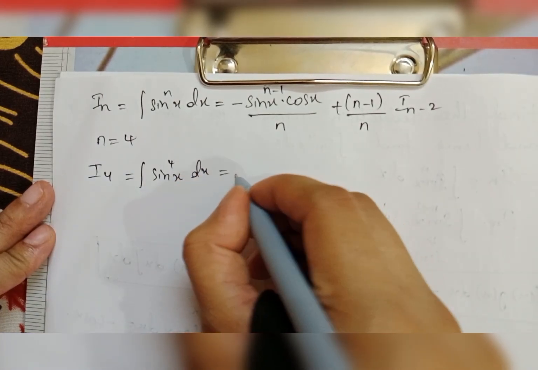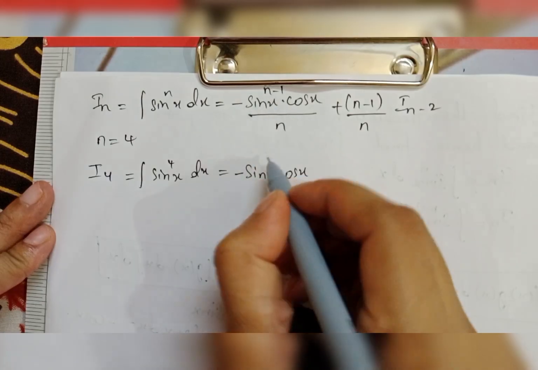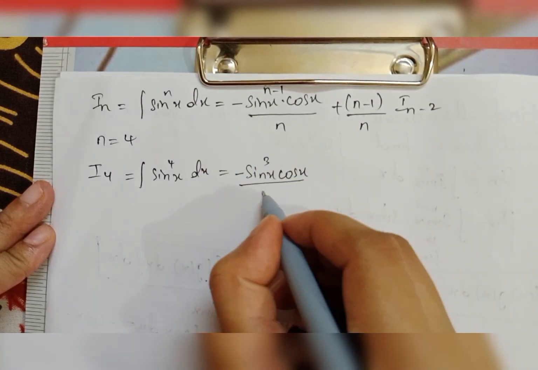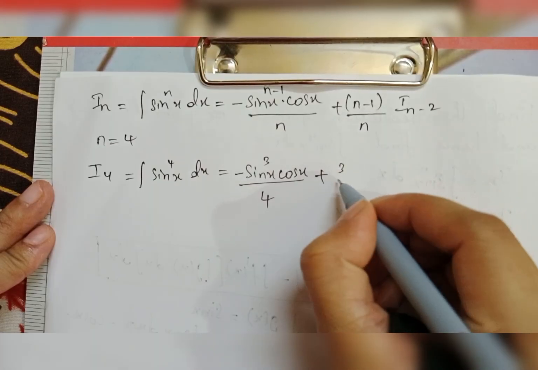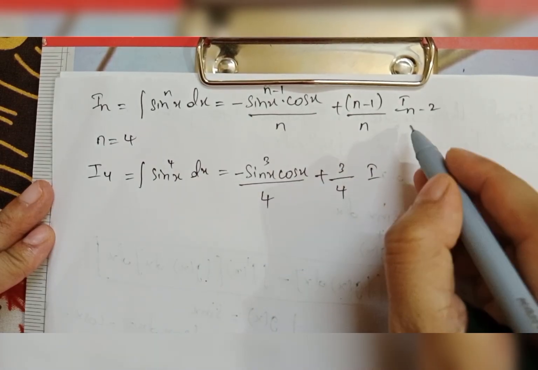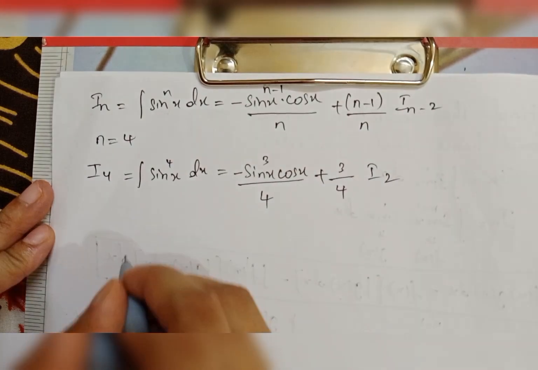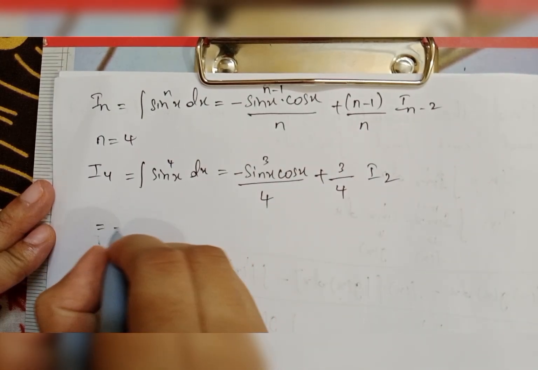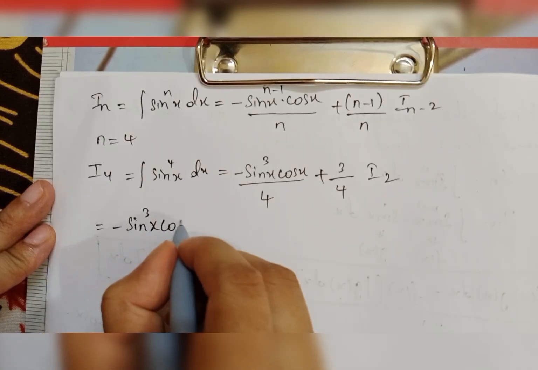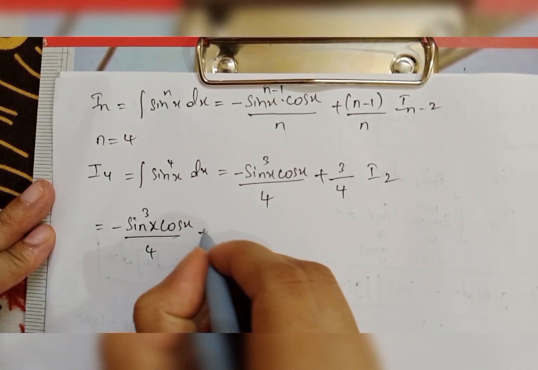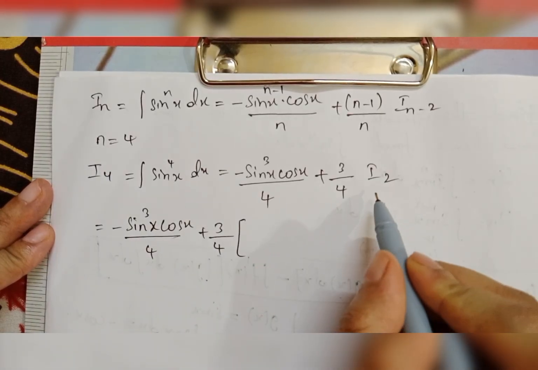It equals -sin x cos x, here 4 minus 1 will be 3, by 4, plus 4 minus 1 will be 3 by 4 into I(n-2), which is 4 minus 2, which is I2. So we'll get -sin cube x cos x by 4 plus 3 by 4 into, now we will solve for I2.